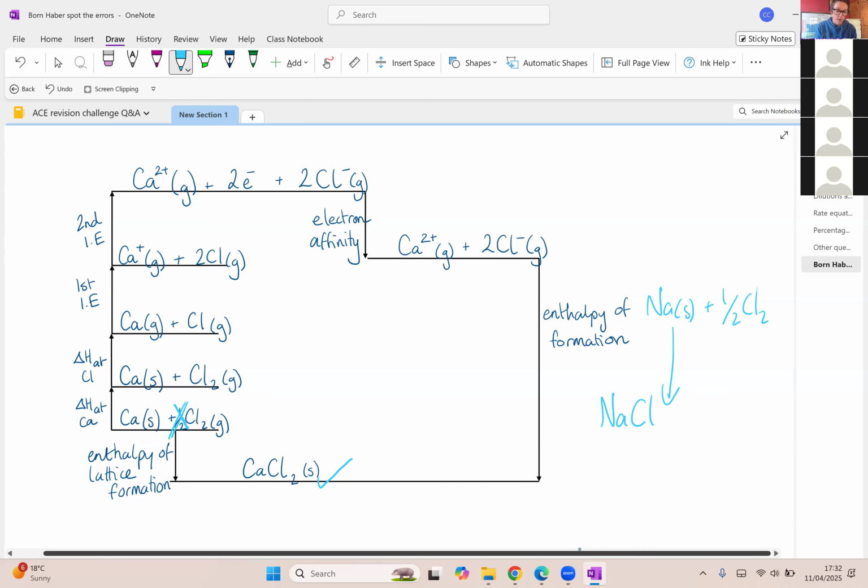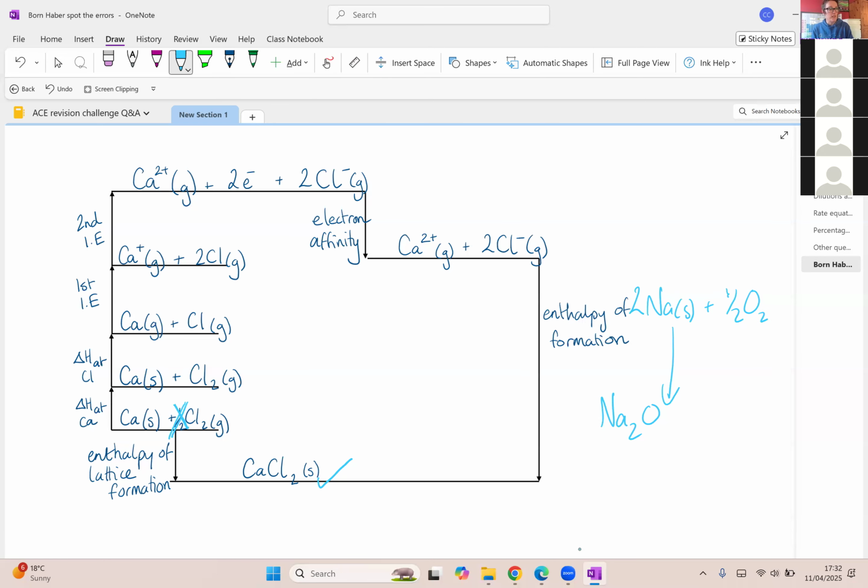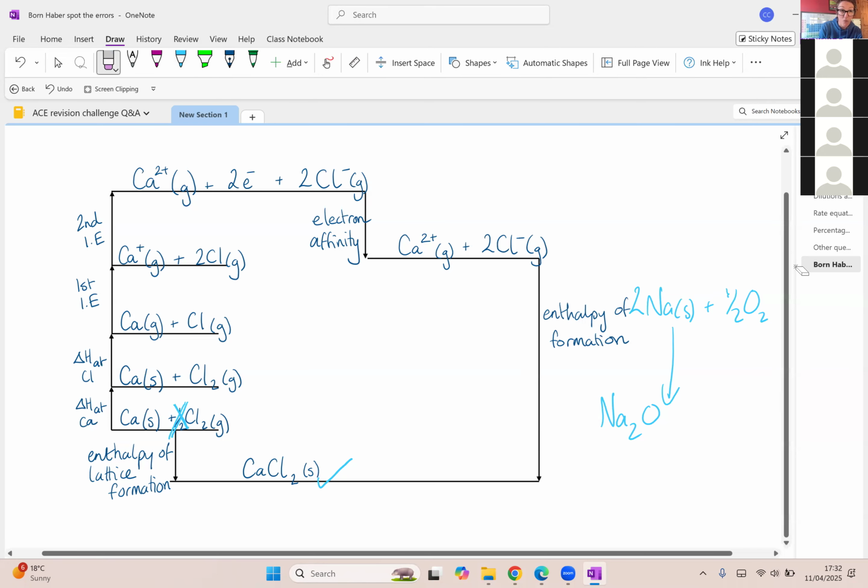Or there was a nasty little sodium oxide one in a recent exam paper. That would be, because you're making Na2O, you'd need 2 of those. So just balancing. Your diatomic thing, Cl2 or O2, should usually be either 1 mole of it or half a mole. Okay.